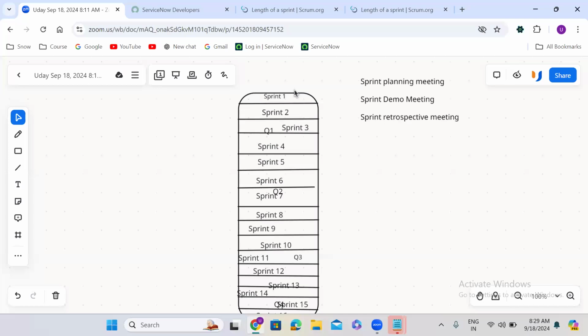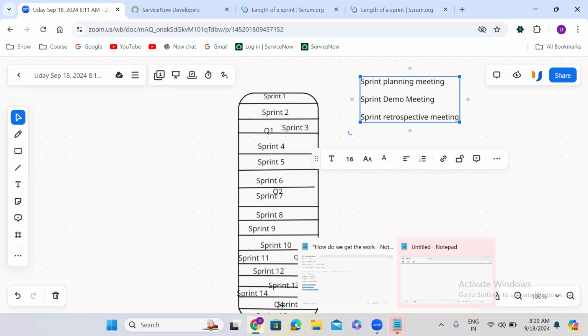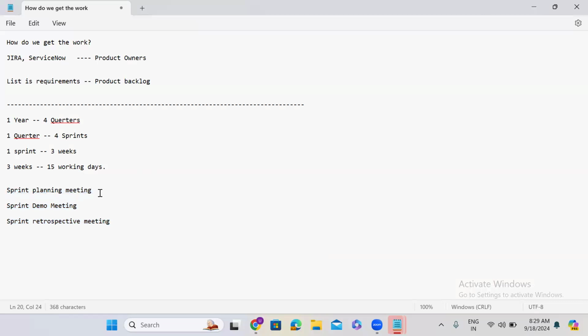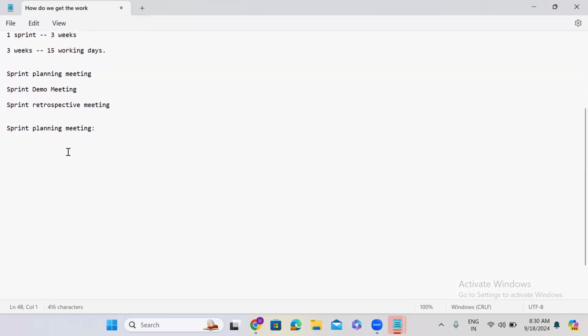Before the sprint starts, the sprint planning meeting will happen. In the sprint planning meeting, work will be allocated to developers. Let us say in your team there are 6 developers.